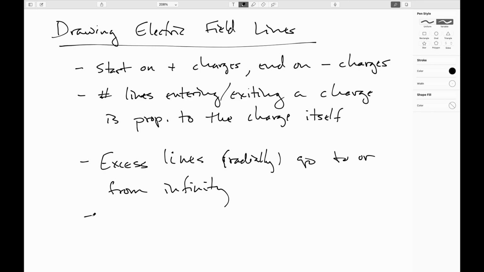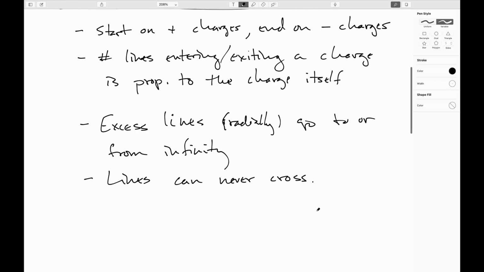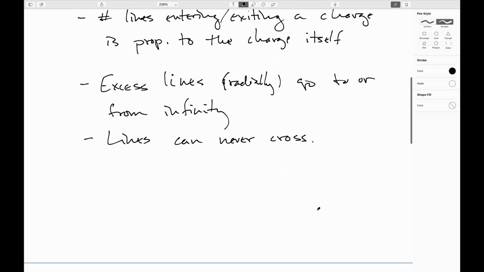And the last rule is that the lines can never cross. In addition to those, there's actually a whole elaborate lore surrounding what if you have lines that are perfectly horizontal or perfectly vertical. My approach to that is to just avoid them altogether, and then you won't have to pay attention to those elaborate rules.